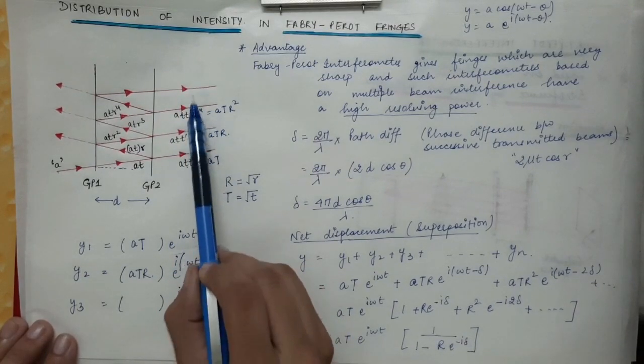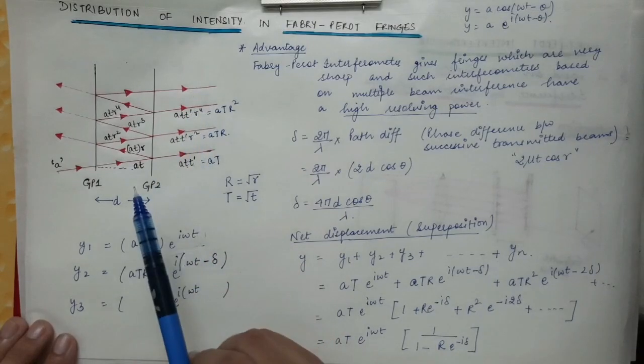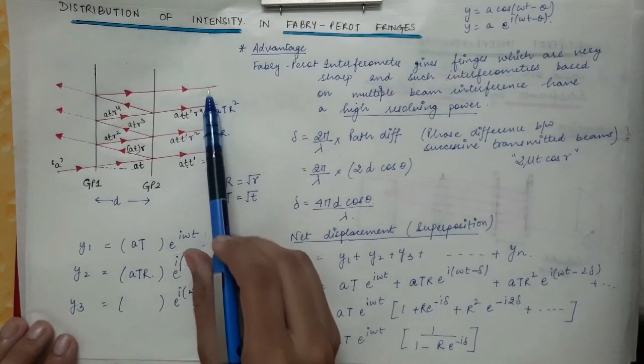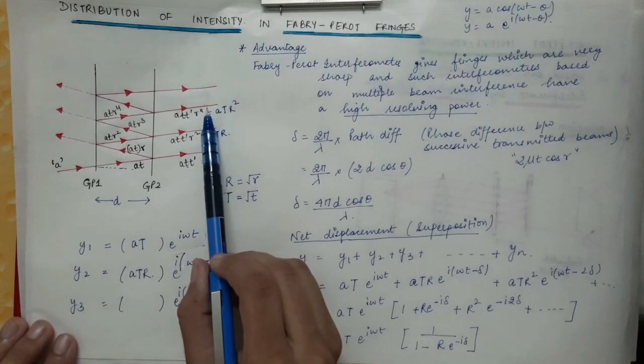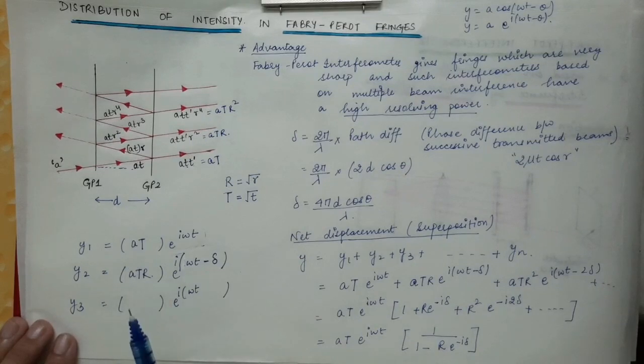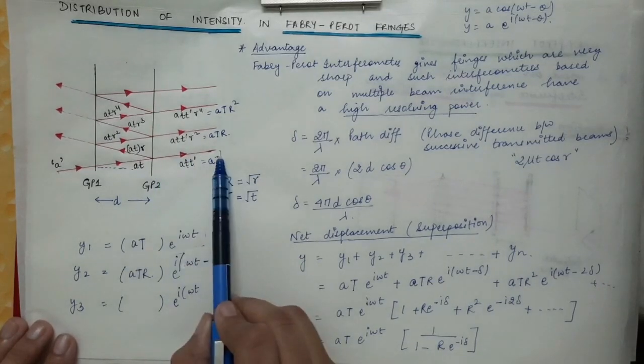So the phase of every two consecutive transmitted rays differs by delta. Here we are writing the equation with respect to the first transmitted ray.